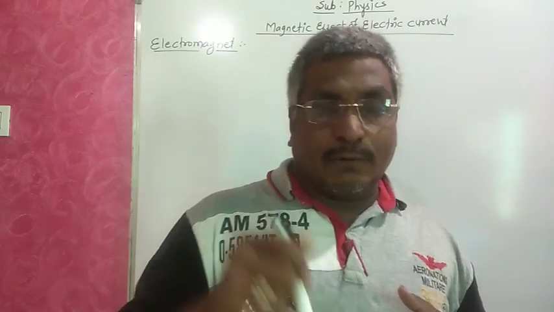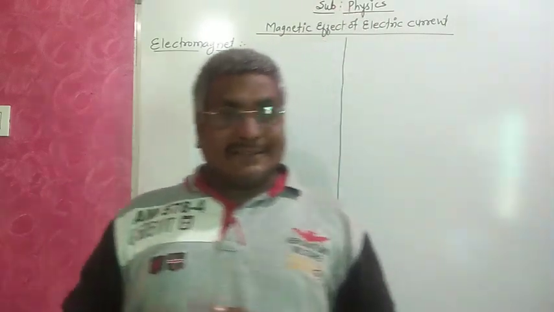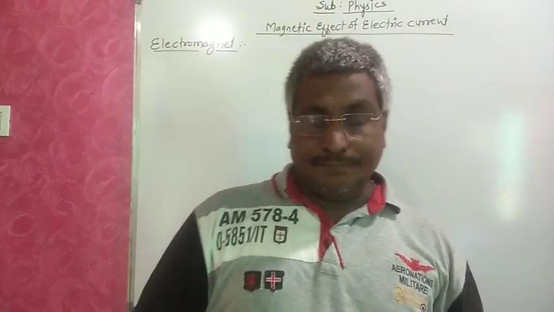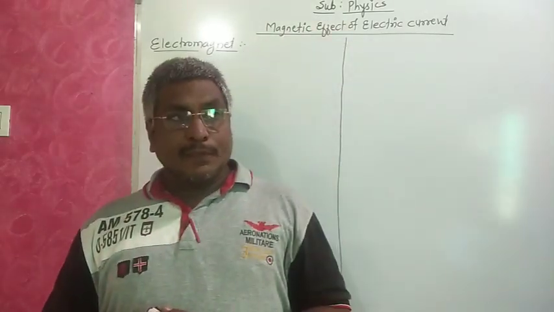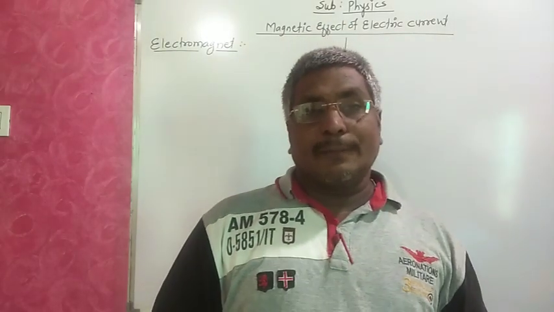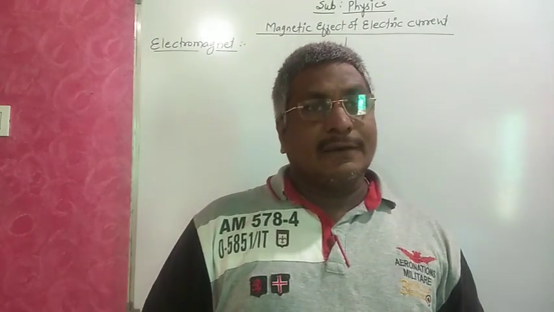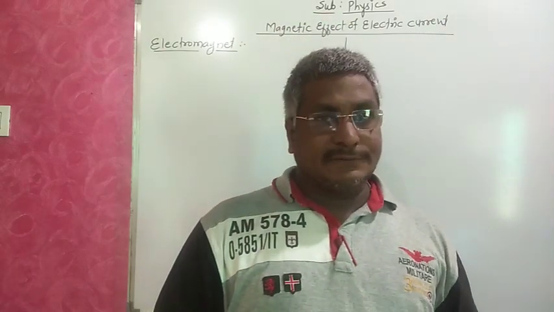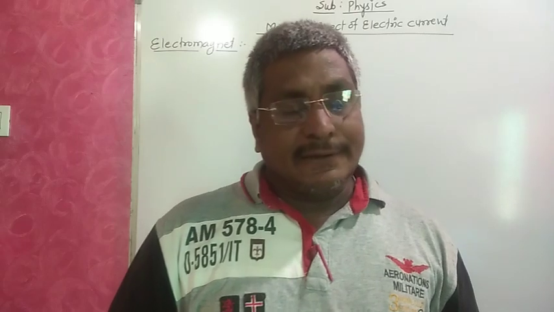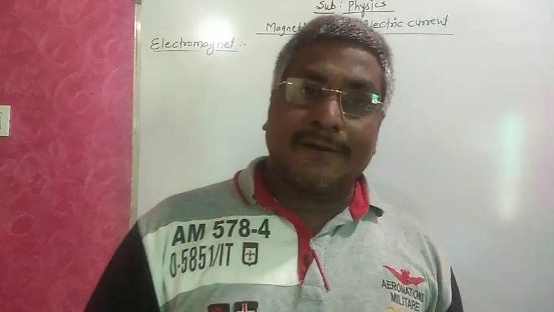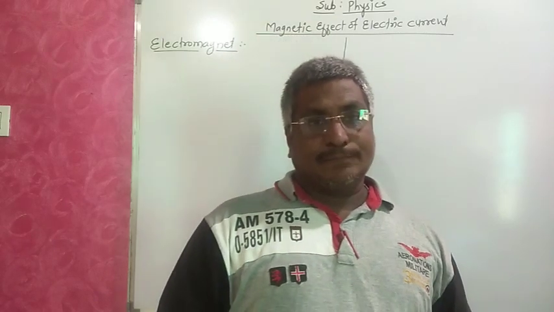At the center we got a straight line. Then in the solenoid we got a pattern like the one formed by a bar magnet. Like that we studied the patterns and the factors affecting their strength.